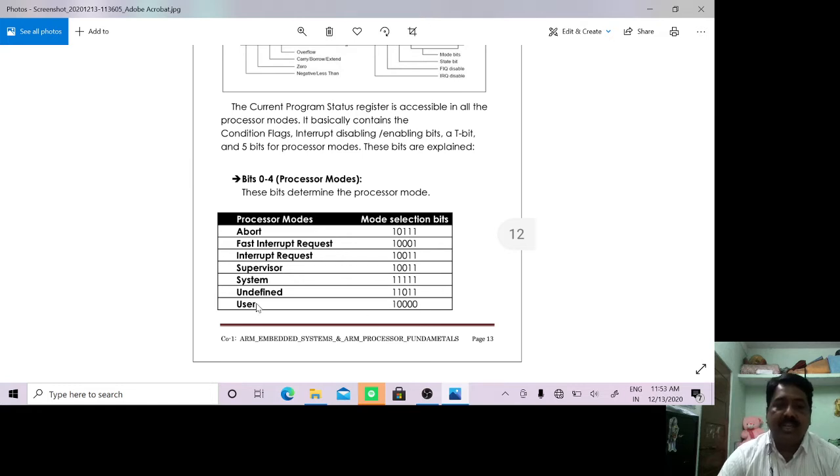Like that, user or the regular mode of operation of the ARM processor is represented by the mode selection bits 10000. So like that, the 5 mode bits represent the different privileged and user modes currently taken up by the processor.